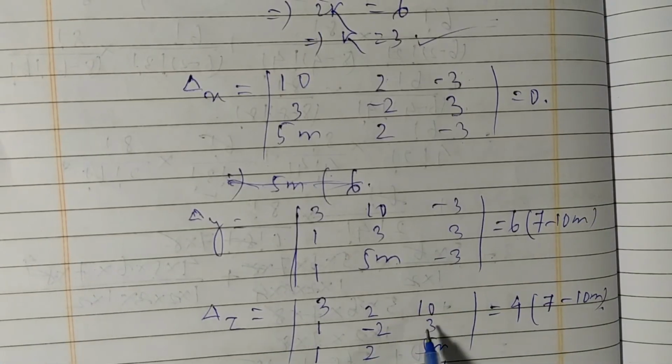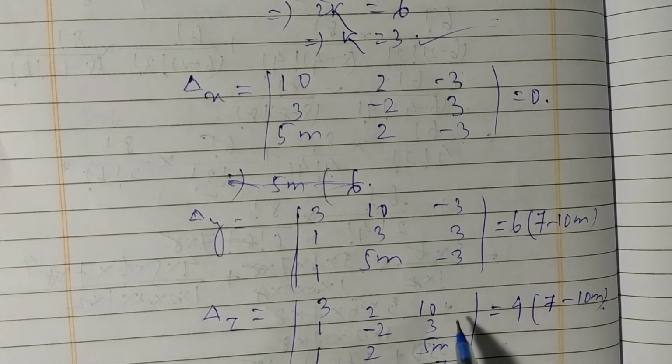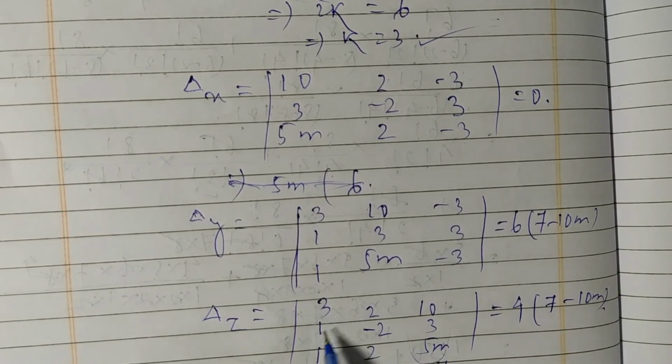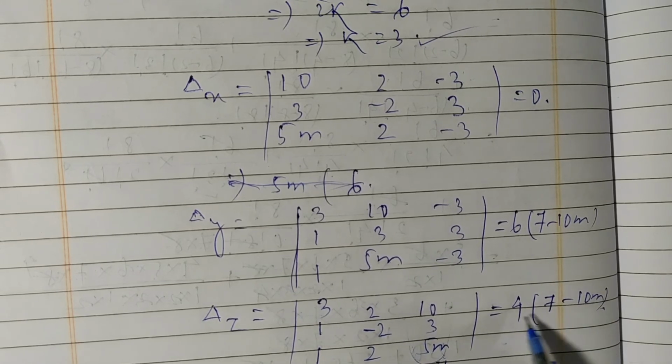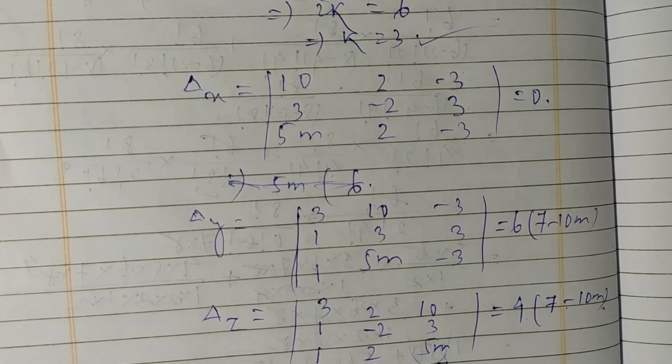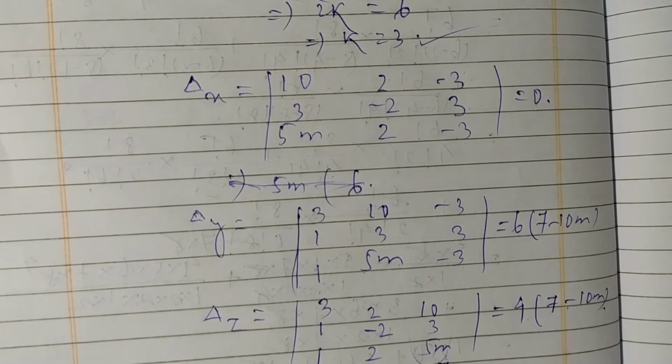And delta z: in the third column we take the right side constants, that means 3, 1, 1; minus 2, minus 2, 2; 10, 3, 5m, so it will be 4 whole into 7 minus 10m. Hence k is equal to 3, but m is not equal to 7 by 10.